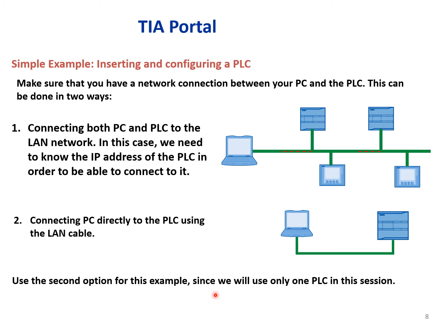For this example, we'll use only one PLC in this session. Later we could make it more complex by adding, let's say, one HMI panel or more PLCs to our hardware configurations and networks.